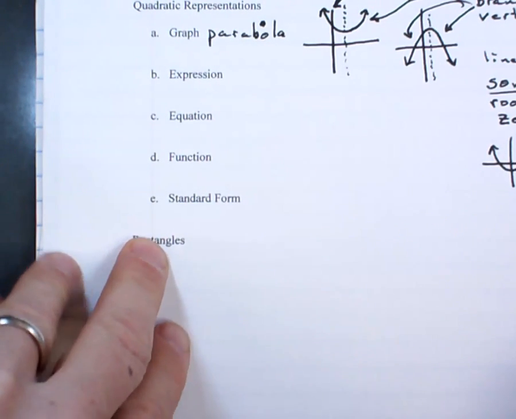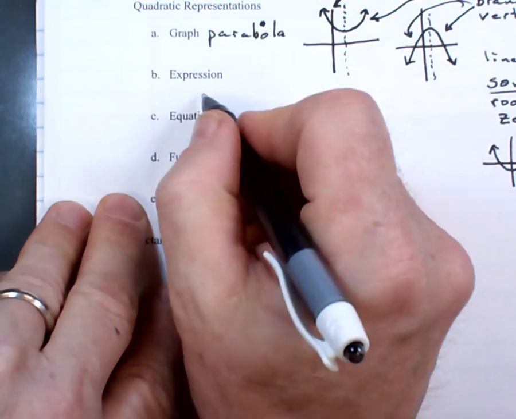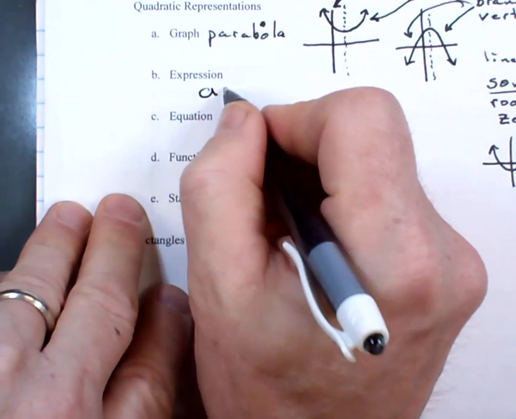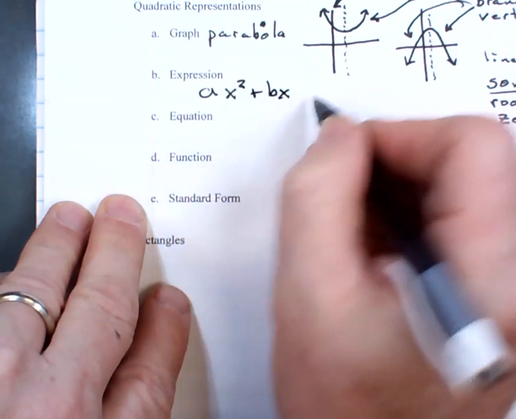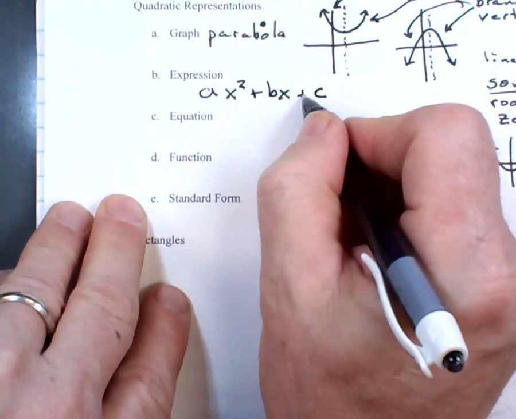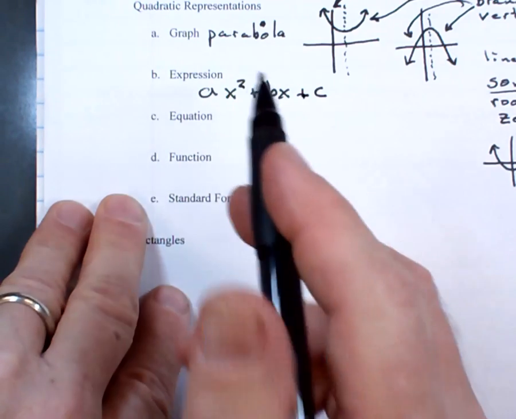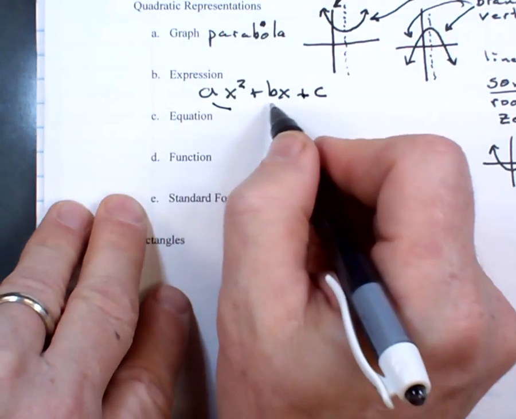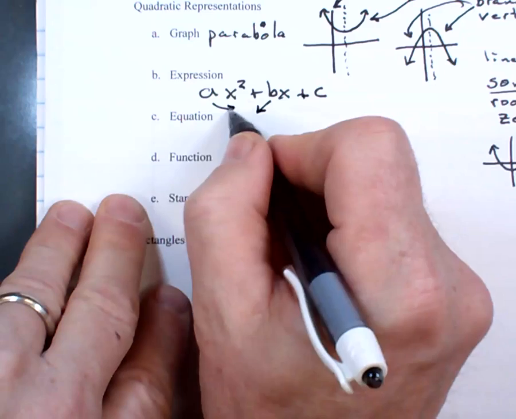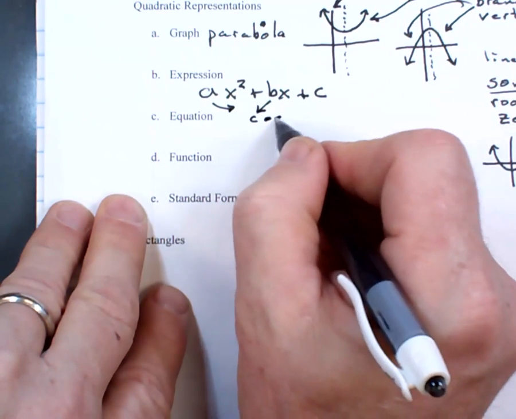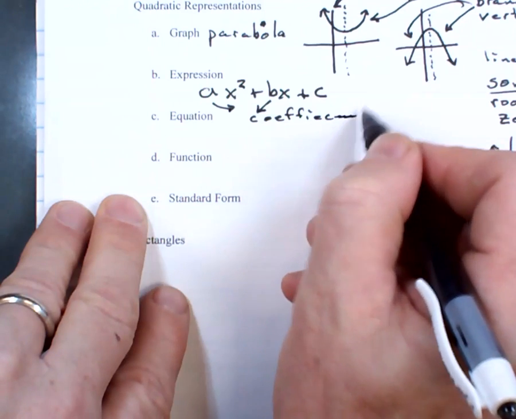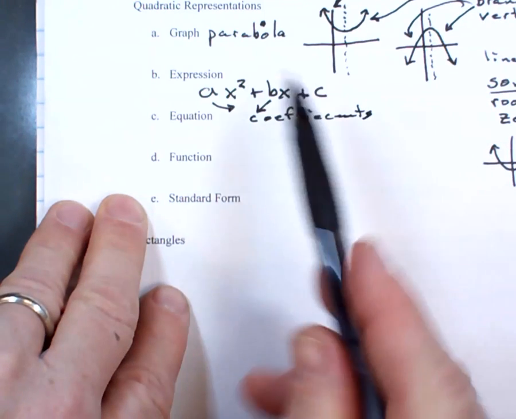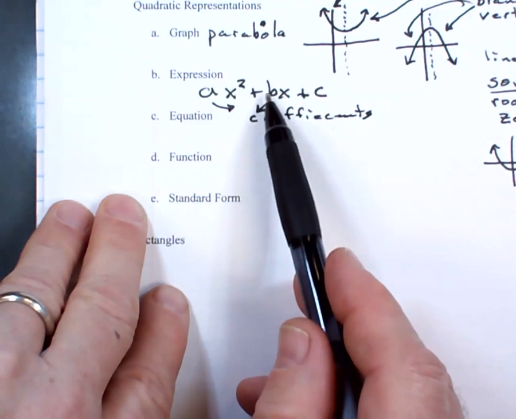for a quadratic is this: ax squared plus bx plus c. These are called coefficients because they're multiplying the variable.